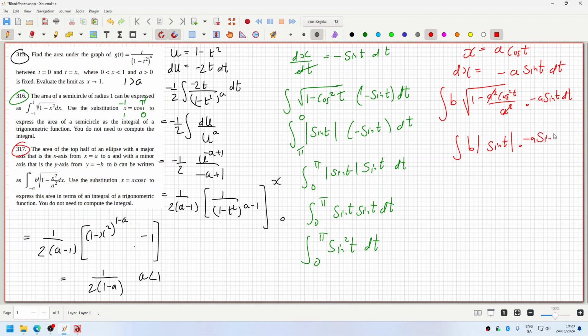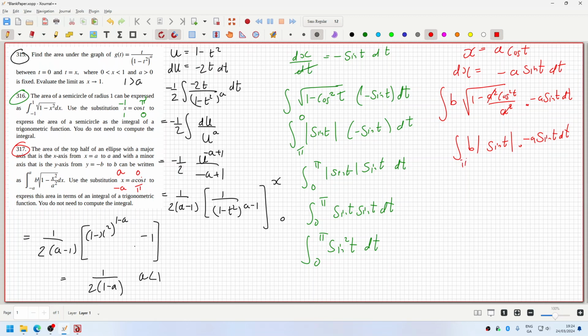So I think I can see what's going to happen again with the limits. To get minus a for x, this would have to be -1, which would be pi. To get a, this would have to be 0.